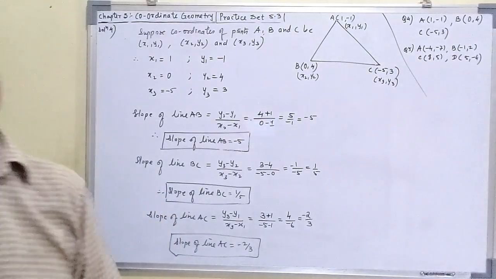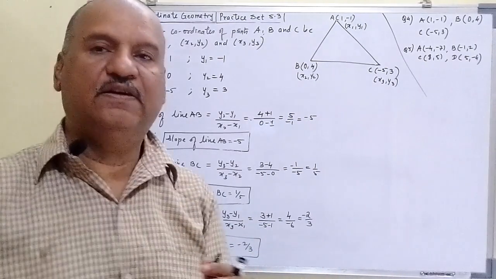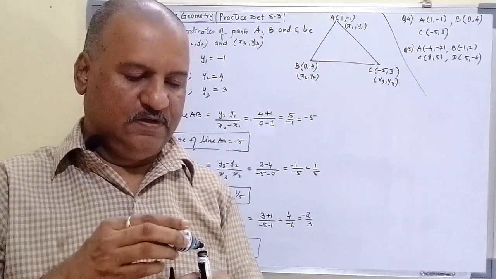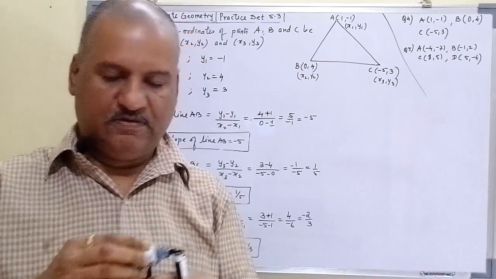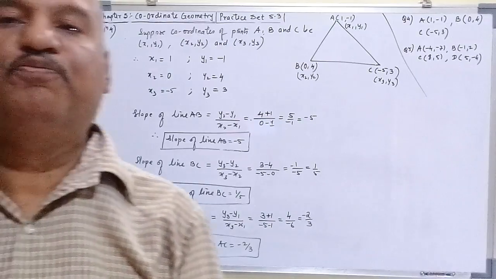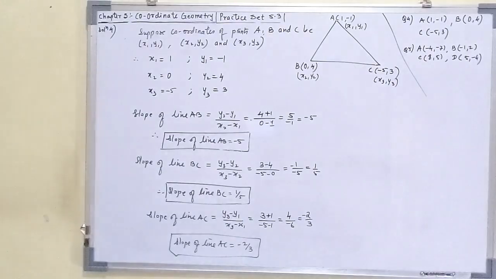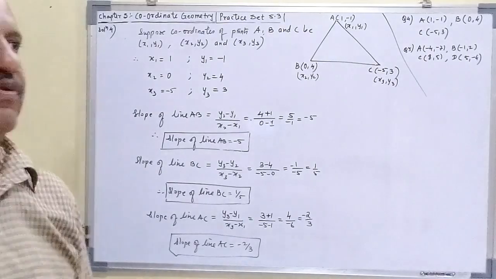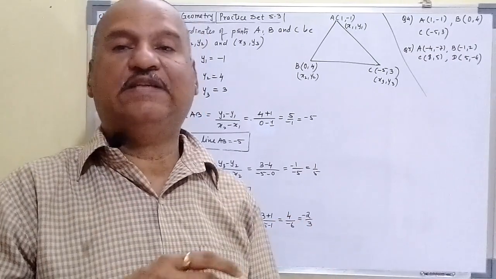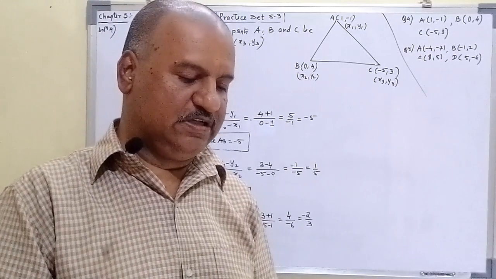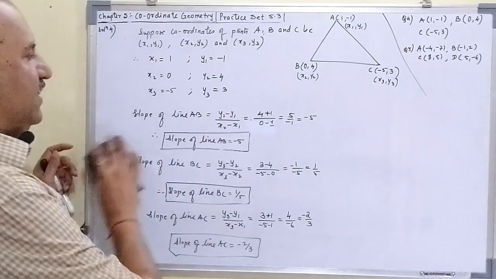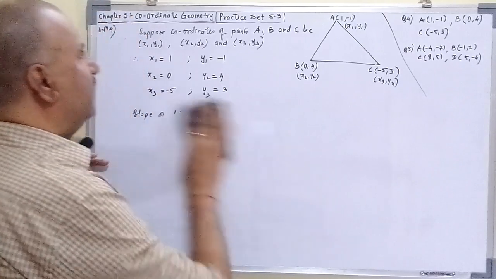They have given us 4 vertices, A, B, C, D. We have to prove that this quadrilateral ABCD is a parallelogram, meaning opposite sides are parallel. This means the slopes of opposite sides will be the same, equal. If opposite sides are equal in slope, then they will be parallel to each other.